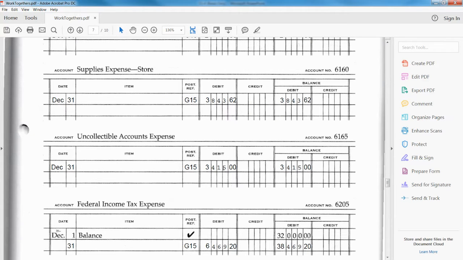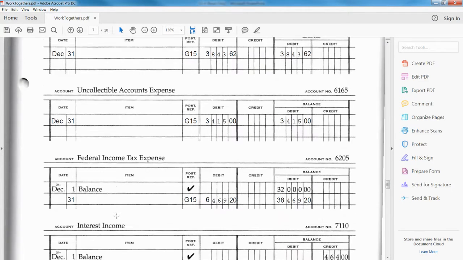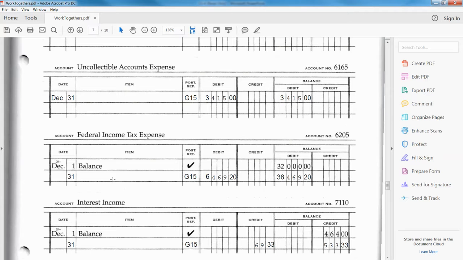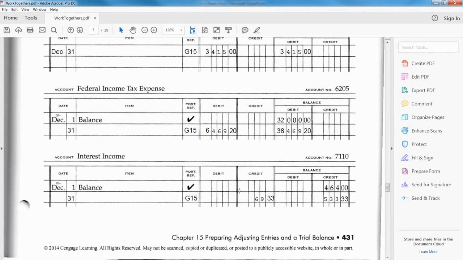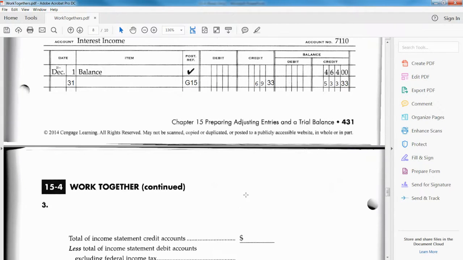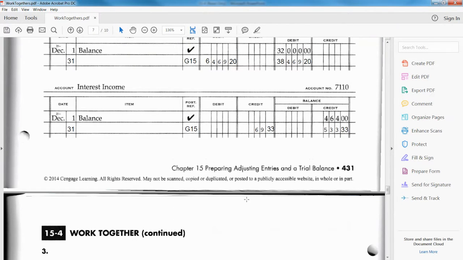Uncollectible accounts expense. Federal income tax expense got posted. And interest income got posted. So that was direction number 1 on page 462.